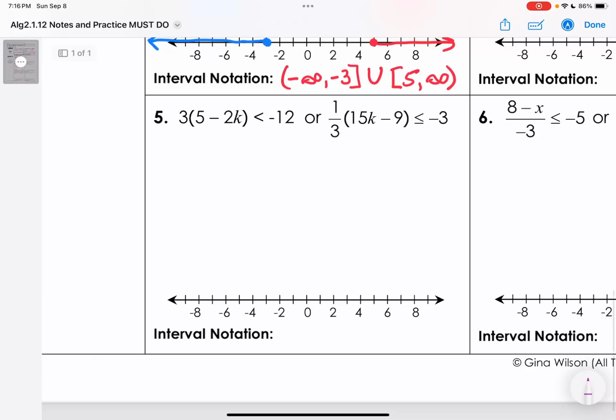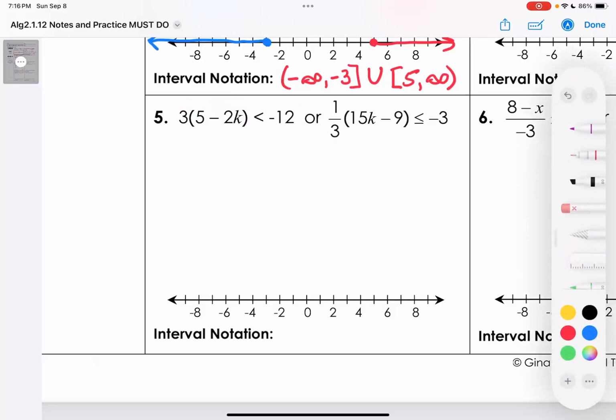And then let's look at number 5. There's a couple different ways you can do this. Normally when we look at 3 times something in parentheses, we would distribute. You don't always have to do that when you are solving for something. We're not simplifying right now, we're actually solving it.